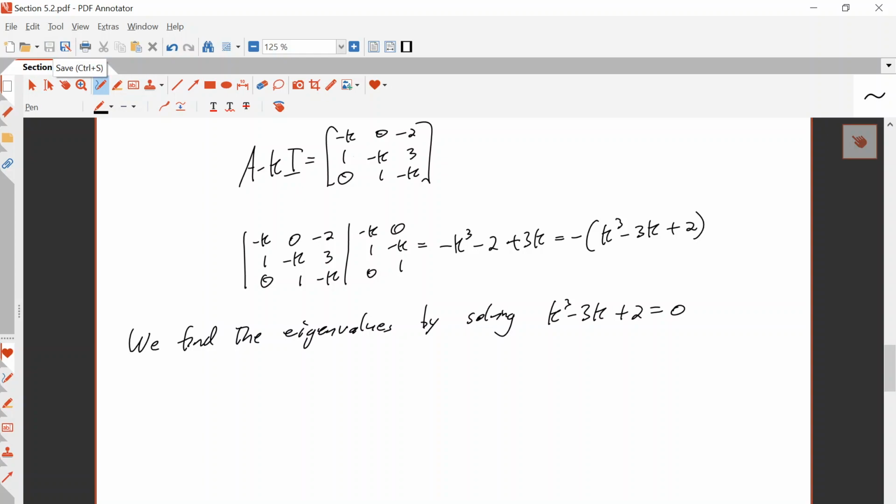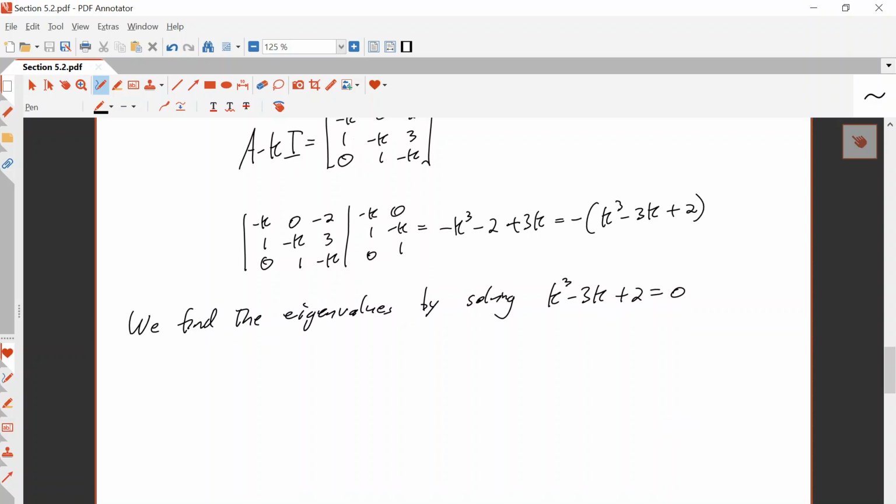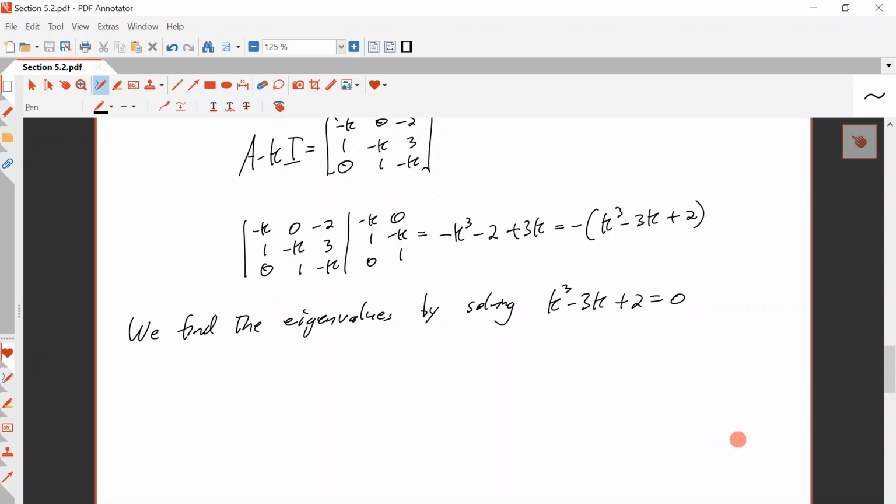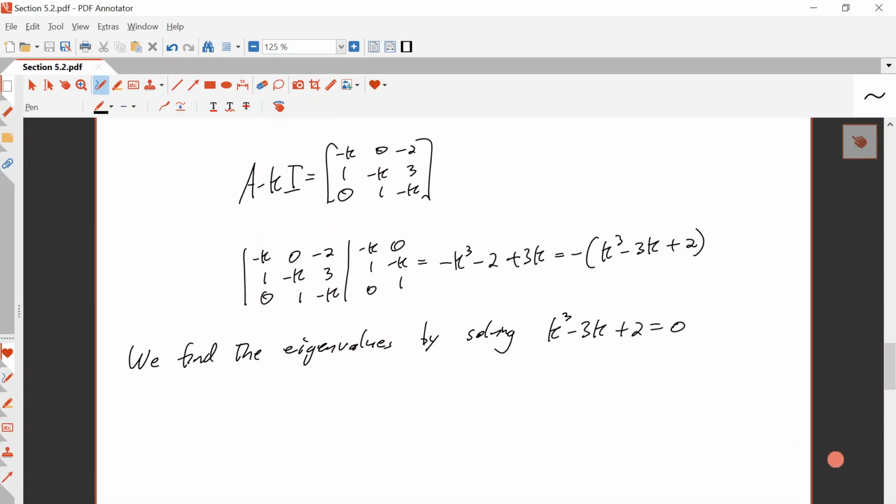Now, how do you solve a degree 3 polynomial equation? You can't use the quadratic equation, but what we usually do in this case is first look for a rational root. A rational root of a polynomial with leading coefficient 1 is always a divisor of the constant term.